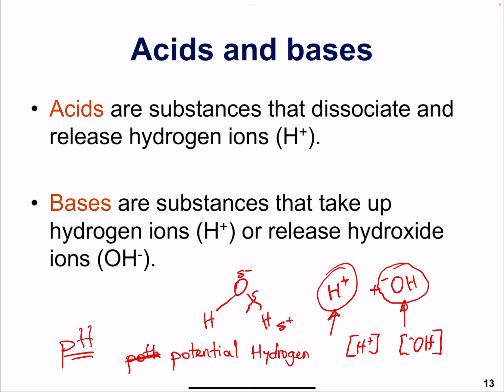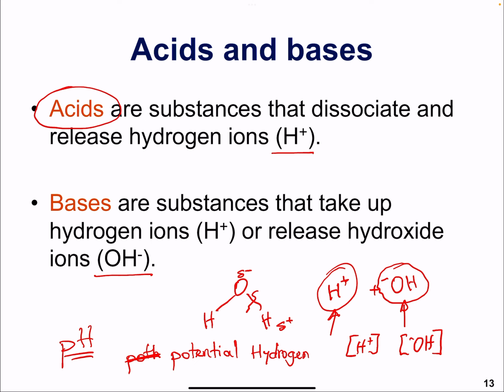Now, we notice that some substances, when they are in a water-based environment, are going to release hydrogen ions. The substances that release hydrogen ions, we call them acids. While other substances in a water-based environment are going to rather steal hydrogen ion or release hydroxide ions.